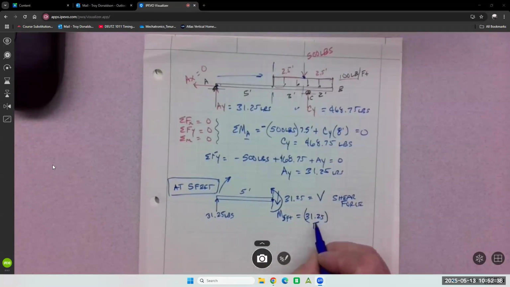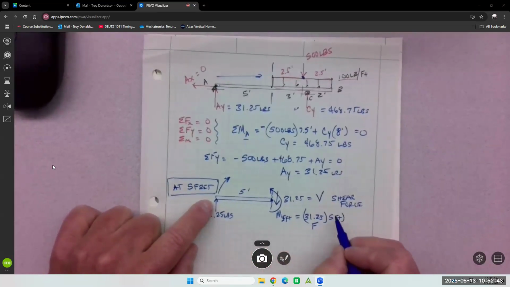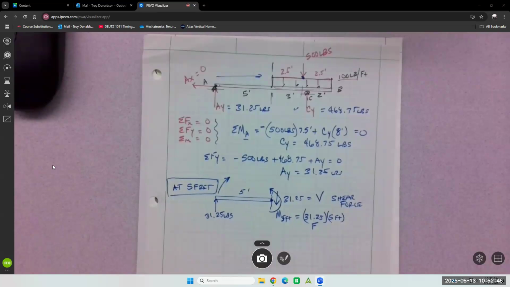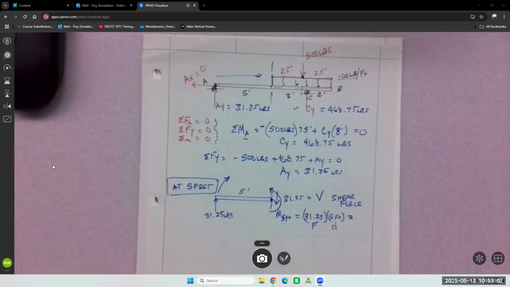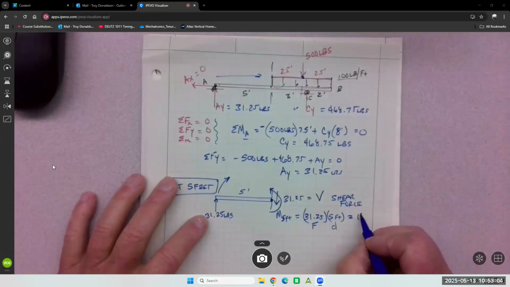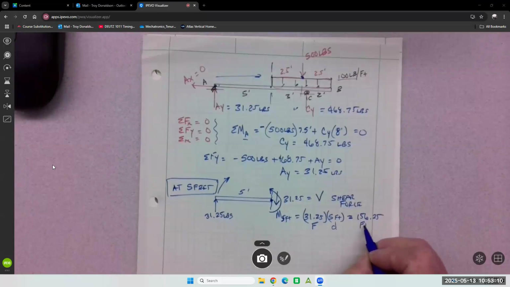It's a moment, so it's force times distance, 5 feet. We calculate the moment at the spot. And we know moment equals force times distance. So that gives me an internal resisting moment of, oh, I can't calculate it. 156.25, and the units are foot pounds. That's what the beam's feeling inside.